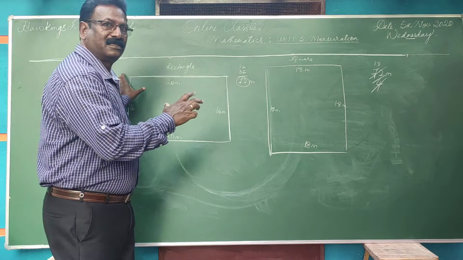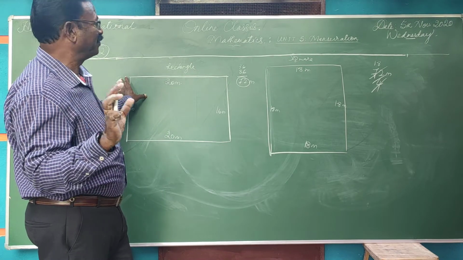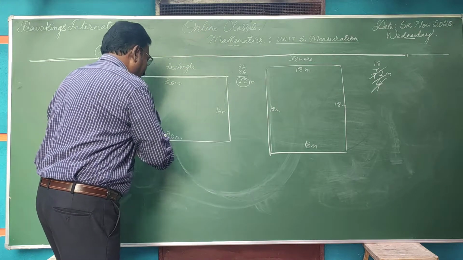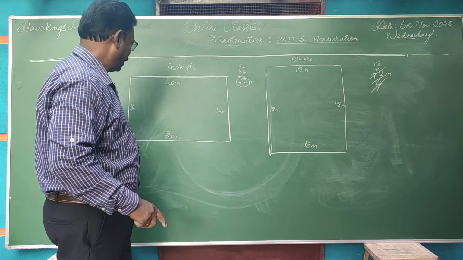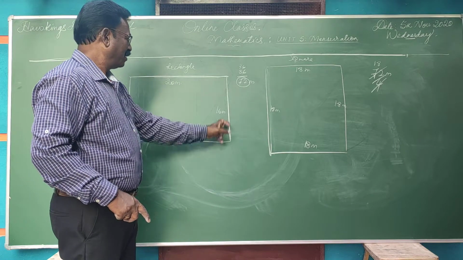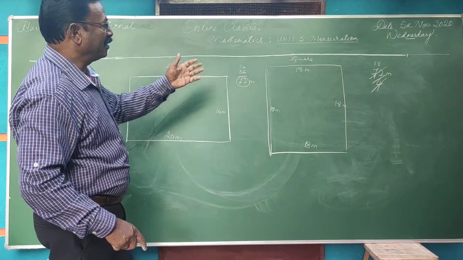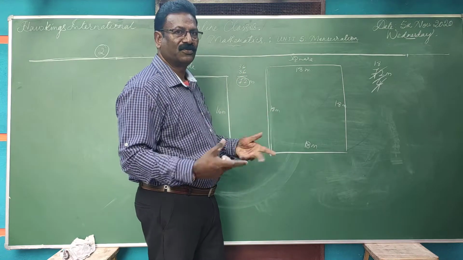Up to this concept you have thoroughly understood. Okay, it's very simple. Taking a big wire and make it like a rectangle with this measurement. 20 length, opposite 20 length, and the width is 16 and 16. Whereas in case of square now, you have to divide that into 4 equal parts and make it like a square.